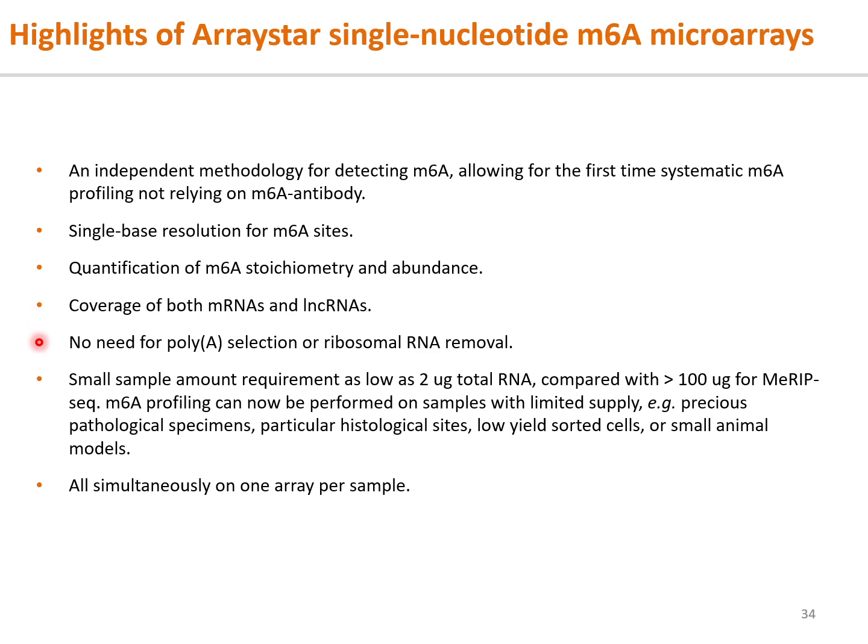There is no need for poly-A selection or ribosomal RNA removal of the sample. It requires as little as 2 micrograms of total RNA, so m6A profiling can now be performed on samples with a very limited supply, for example, precious pathological specimens, particular histological sites, sorted cells at low yield, or small animal models. Everything above on one array per sample.